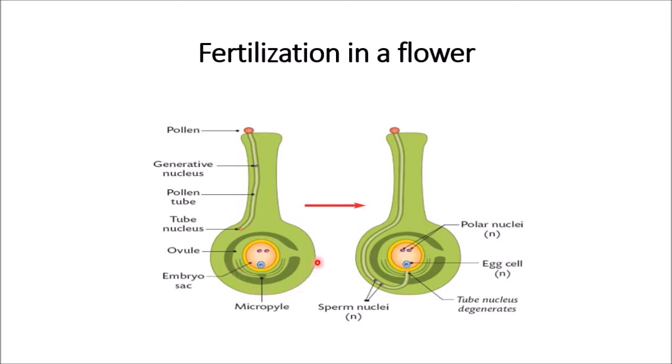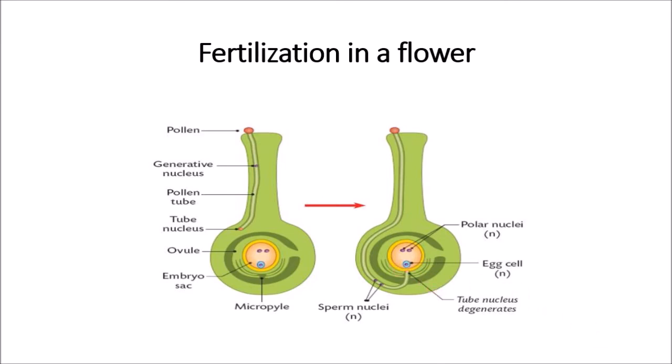Now, the pollen tube enters the ovule in the ovary. The tip of the pollen tube bursts open and the male gamete comes out of the pollen tube. In the ovary, the male gamete of the pollen combines with the nucleus of the female gamete or egg present in the ovule to form the fertilized egg.